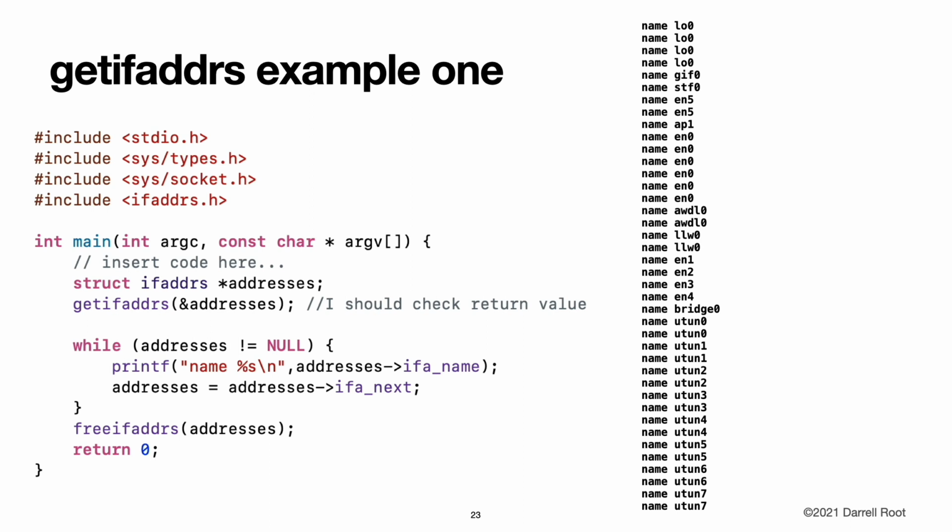Then I traverse the linked list, printing out the interface name, and then going on to the next one. And then I use the freeifaddrs function to free up the memory, since it was dynamically allocated within getifaddrs. So this frees up the entire data structure, after which I should not access the data structure, obviously.